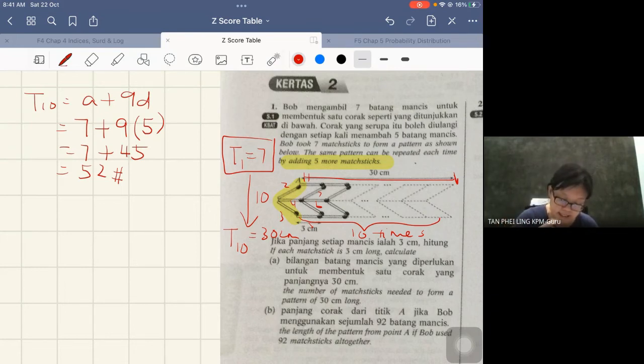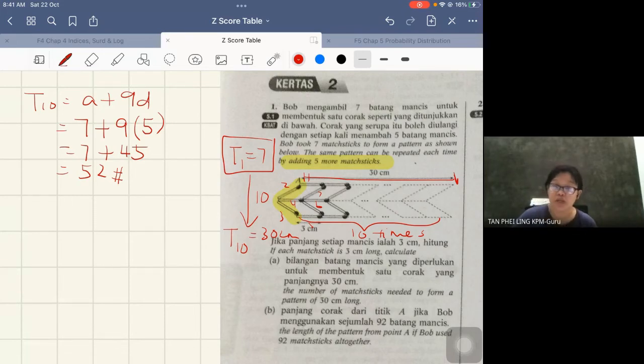Part B says that now they focus on the length. You see that? So part A they ask for matchstick. Part B they ask for the length. They want the length of the pattern from point A if Bob used 92 matchstick altogether.